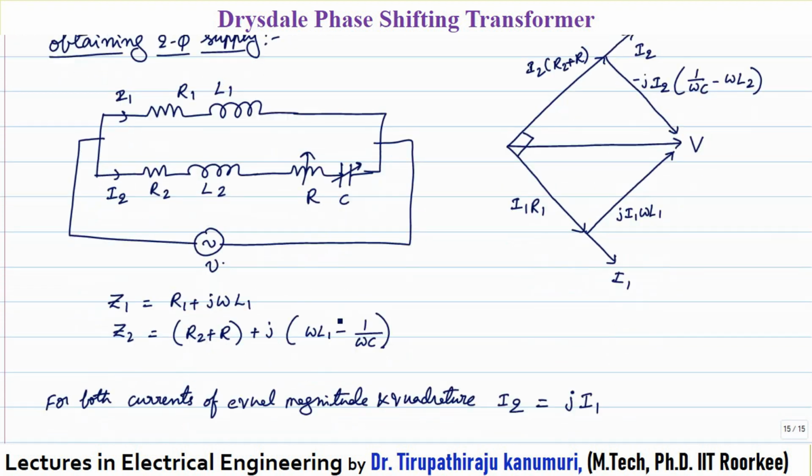The impedance of the first winding is Z1 = R1 + j omega L1, and the impedance of the second winding is Z2 = R + R2 + j times the impedance of L2, omega L2, plus the impedance of the capacitor, 1 by j omega C, which becomes minus j by omega C. Taking j outside, this becomes omega L2 minus 1 by omega C. This is the value of impedance we got.